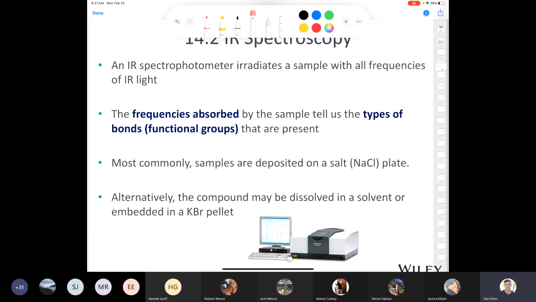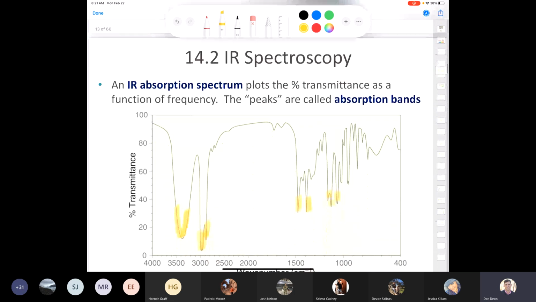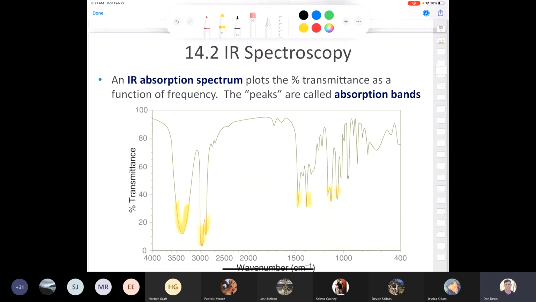Now we have spectrometers that are a little more modern, and the samples are actually easier to prepare, because when I was an undergraduate student, we used to have to prepare the samples on these sodium chloride plates, and it's not easy, okay? So it's actually a good thing that those are a thing of the past. Anyhow, see some of my old scribbles here.